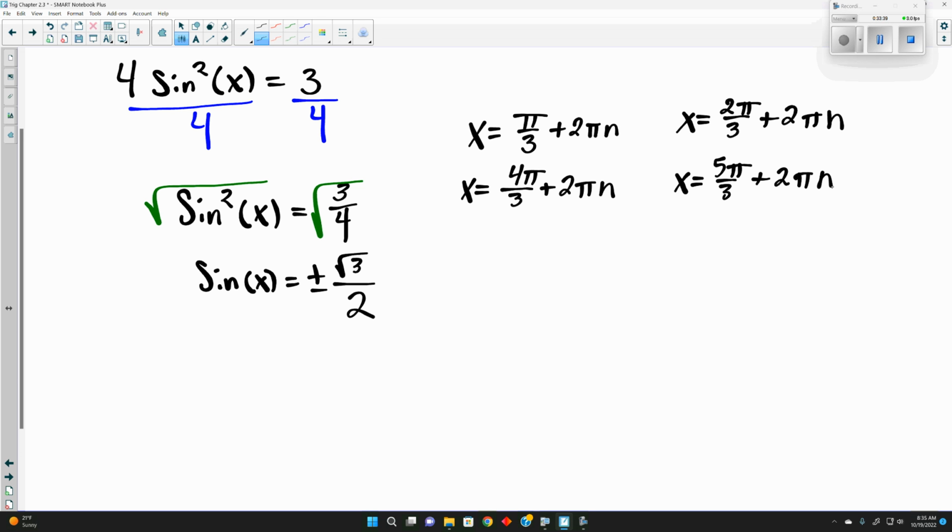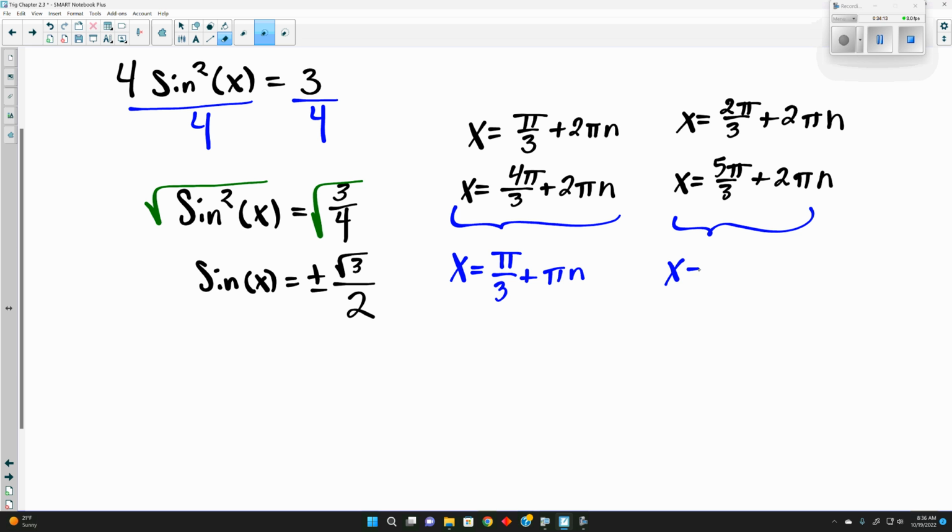Are we able to write these a little bit nicer? Well, yes. Because these first 2 here, pi over 3 and 4 pi over 3, are 1 pi apart from each other. Because I can take 1 plus 3 and get 4 if we're adding a whole. So I could say that x is equal to pi over 3 plus pi n.